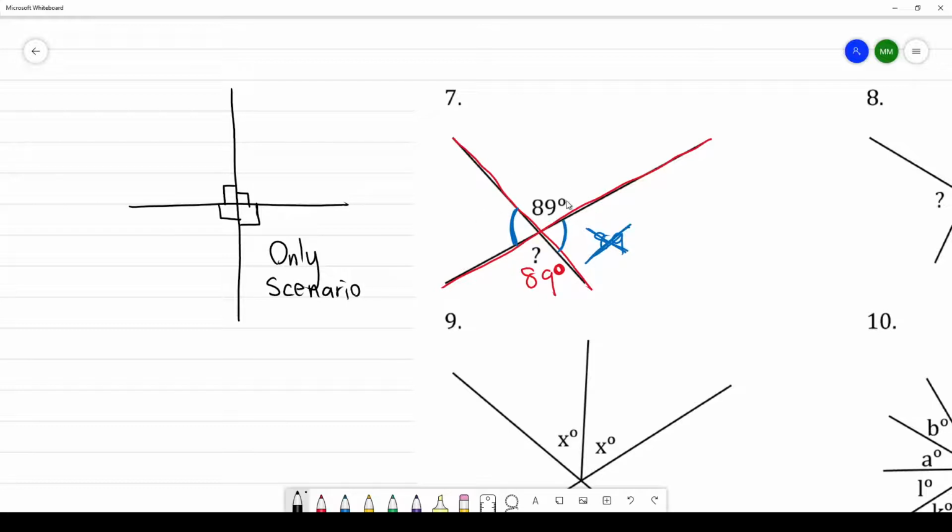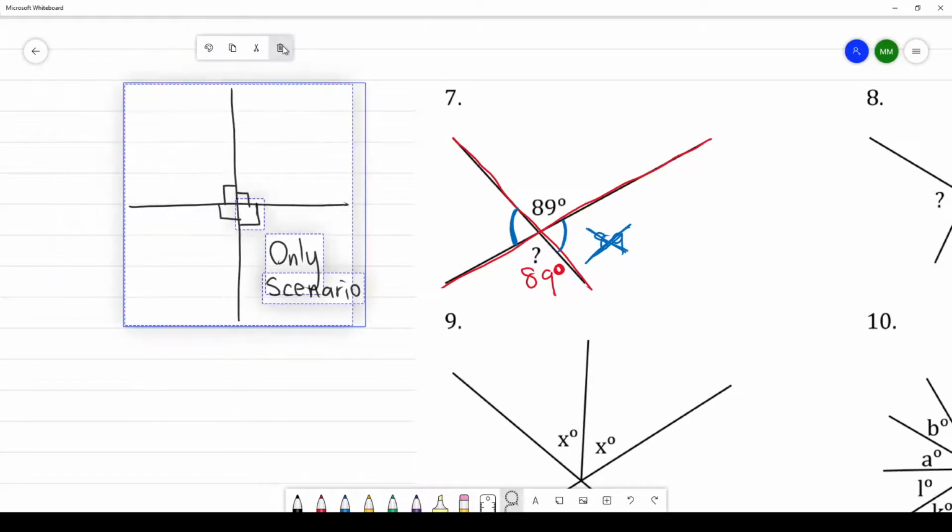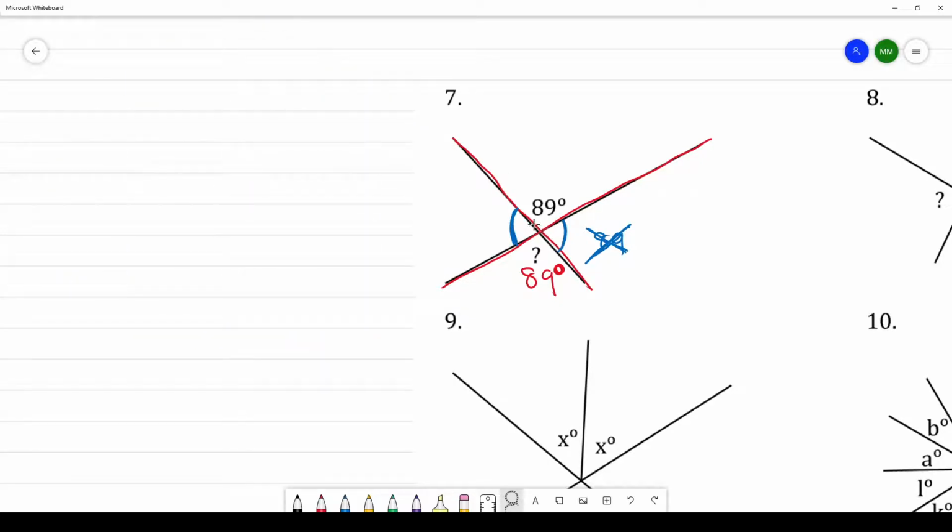So you cannot just do 360 divided by 4 and get the right answer. No, it doesn't work like that. So always remember, only the opposite angles are equal. So two of them are equal and these two are equal.